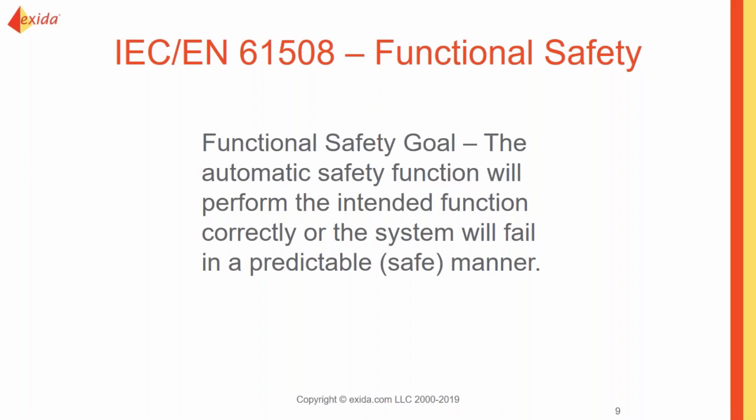That is a key portion of functional safety: you want your safety system to perform its intended task, but if that cannot happen, you want it to fail in some predictable or safe manner.